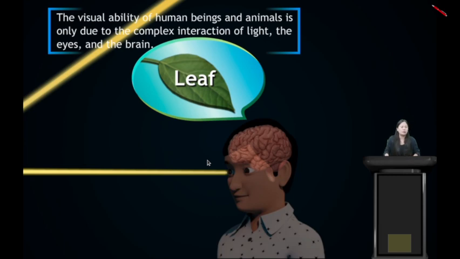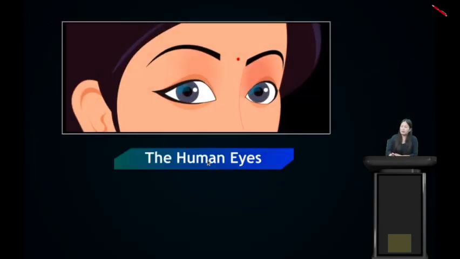But because of the interaction of light, our eyes and brain, we are able to see things around us and also identify them, and also see different colors. So here, the human eyes.